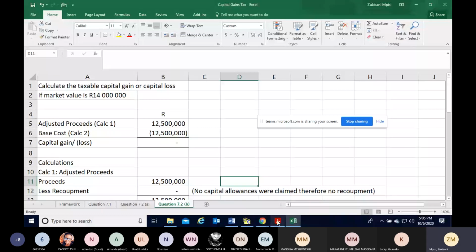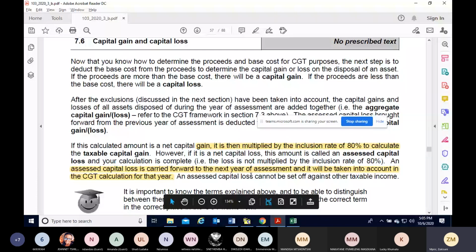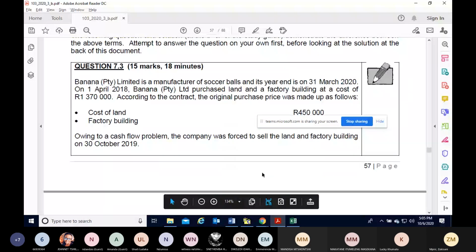In 7.6, the important thing that we are learning is the capital gains that you are including in your taxable income. It's the aggregate. It's all the capital gains of your assets combined. So it's not one asset. So you go outside of your taxable income to calculate aggregate capital gain.